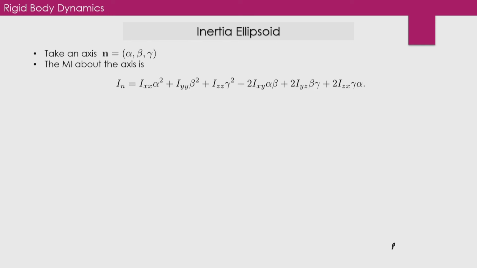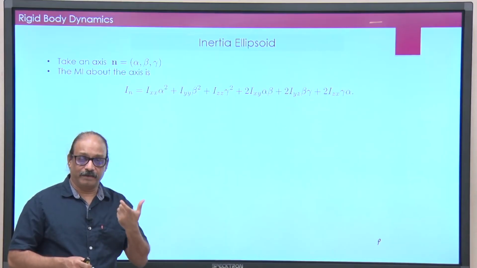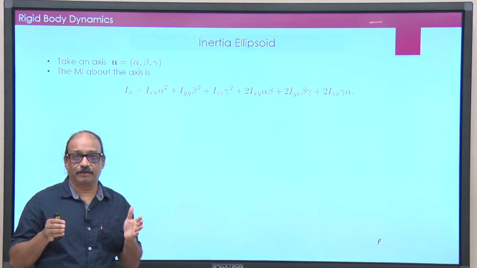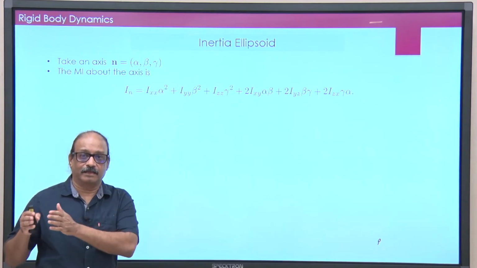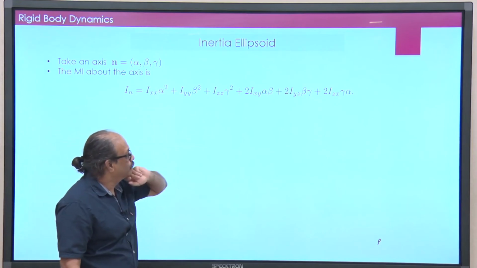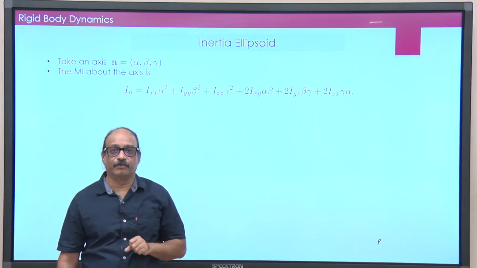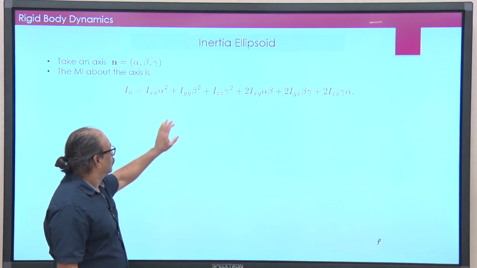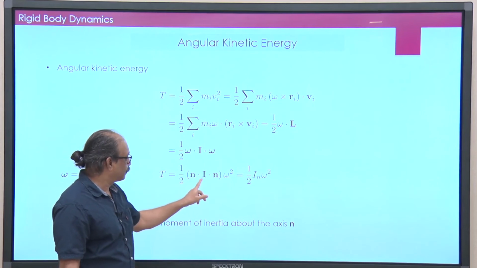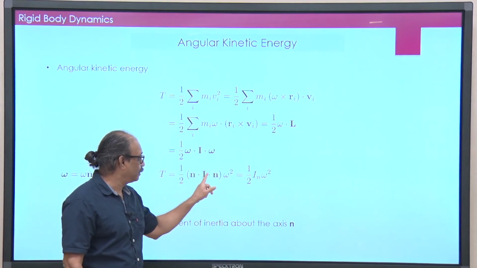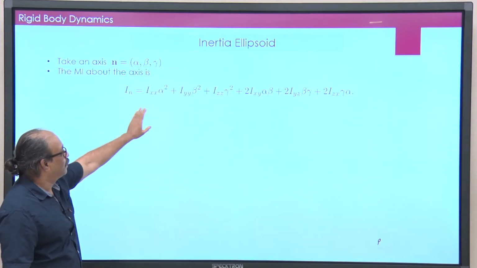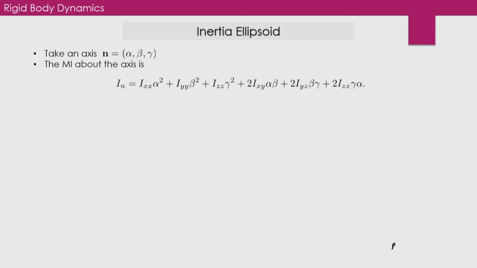You write the entire expression: alpha, beta, gamma as a row matrix, the 3 by 3 moment of inertia matrix, and then a column matrix omega. It will expand to this. Okay. It is homework for you people. So, use this definition here, I_n is nothing but n I n, and show that I_n actually becomes something like this.